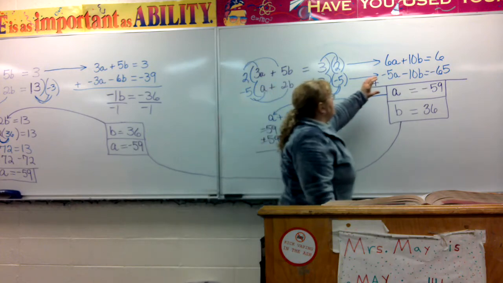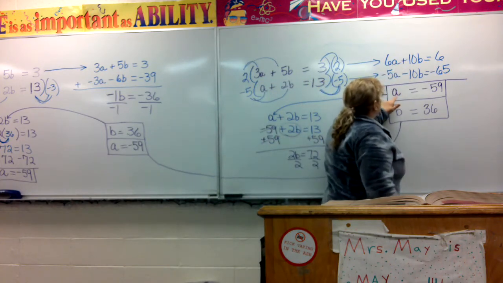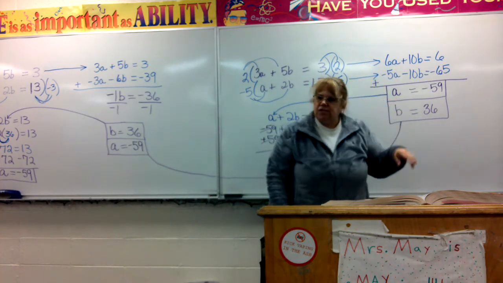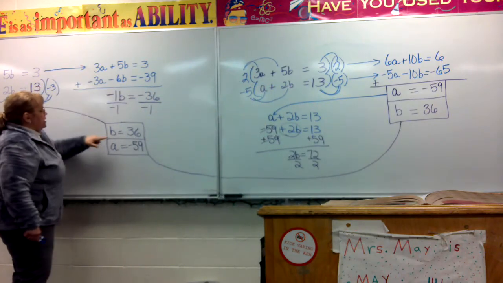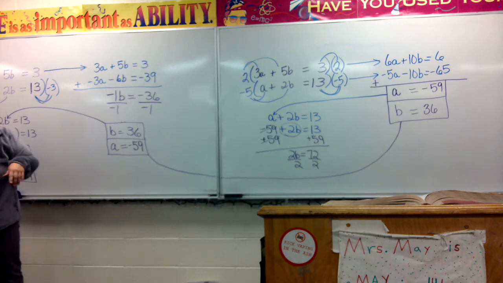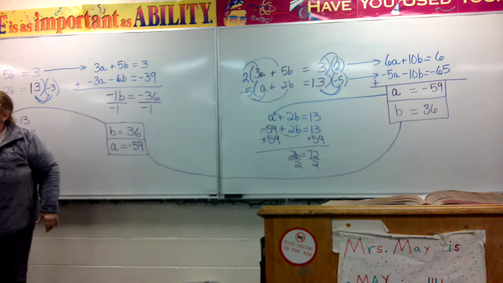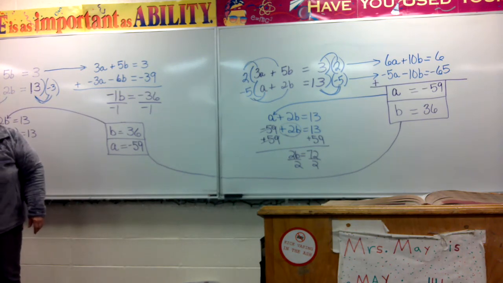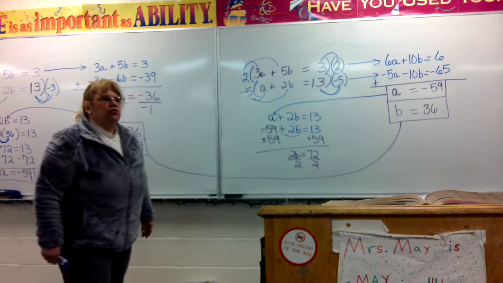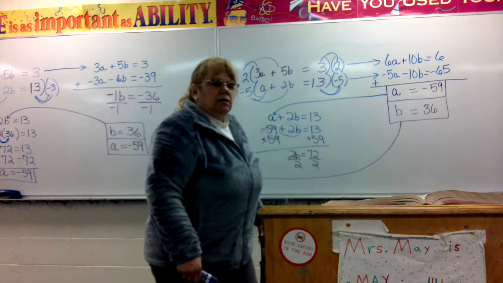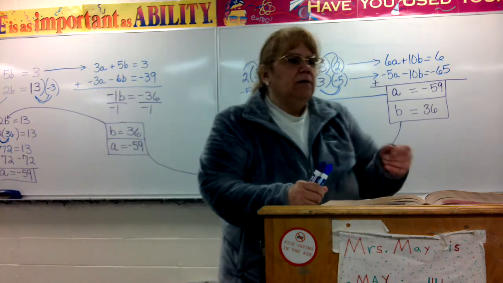It's just that here, the b's drop out and we find a first. The other way, the a's drop out and we find b first. You get the same exact answers either way though, right? So it does not matter to me which way you do it. Does that make sense?